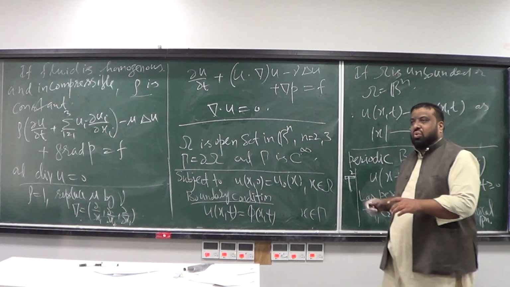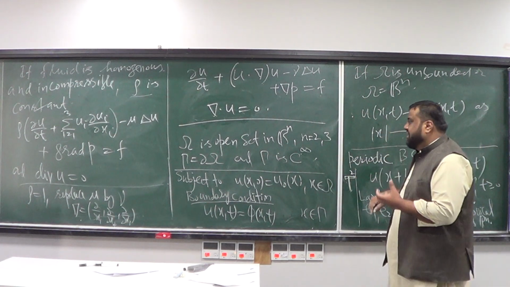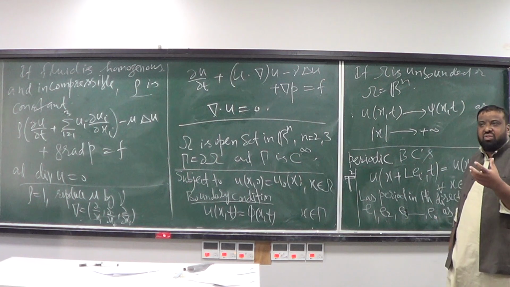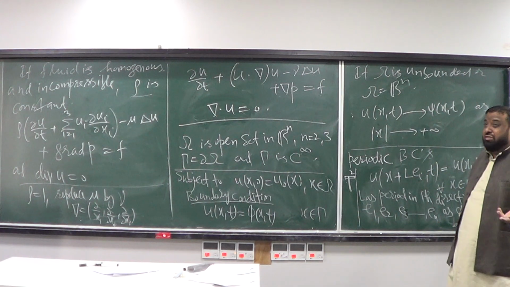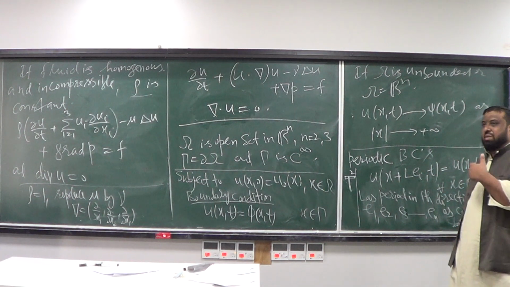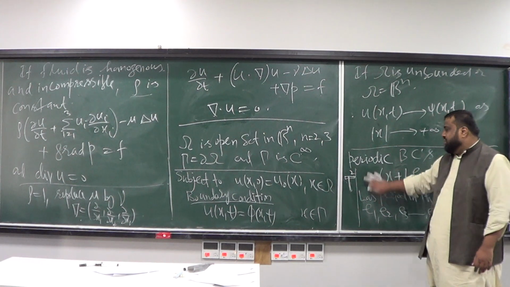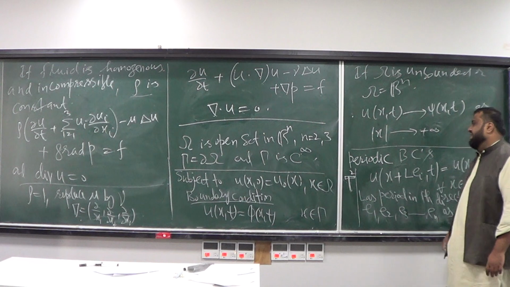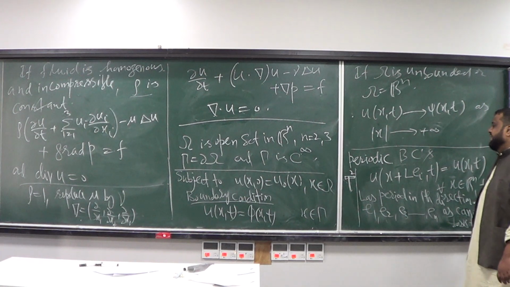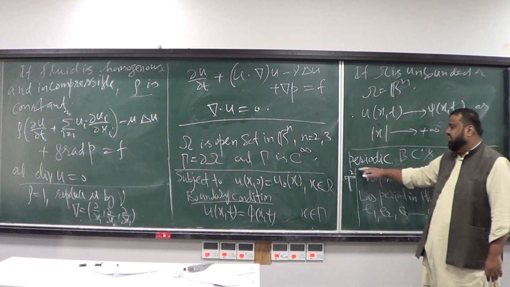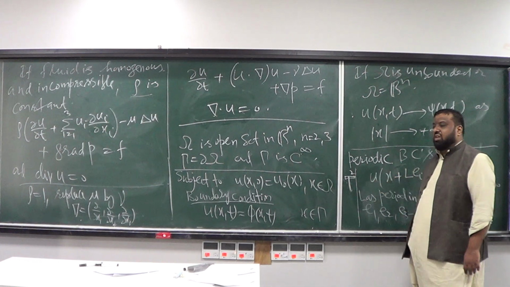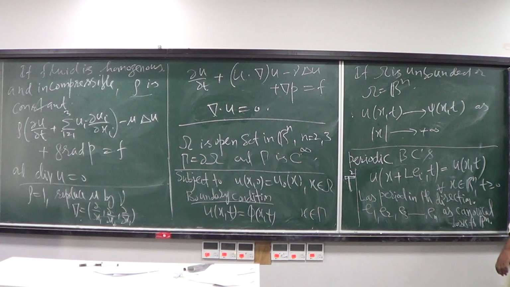This happens, for example, when you are on a torus. So you also say that such boundary conditions mean your U lives on a torus. The boundary conditions come from the torus.